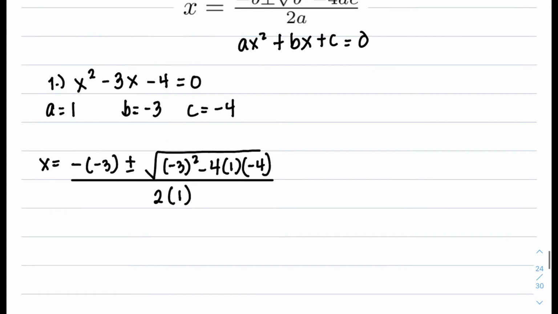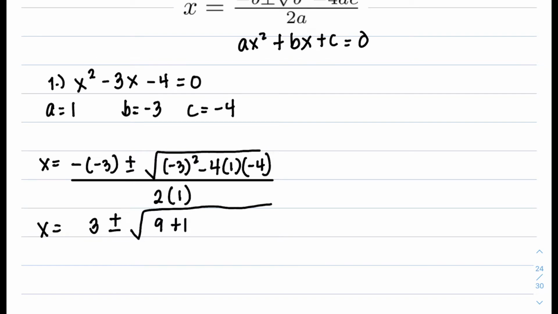So, x is equal to, let's simplify. Negative times negative 3, that is positive 3, plus minus square root of negative 3 squared, that is 9. Then, multiply negative 4 times 1, negative 4, times negative 4, that is 16.